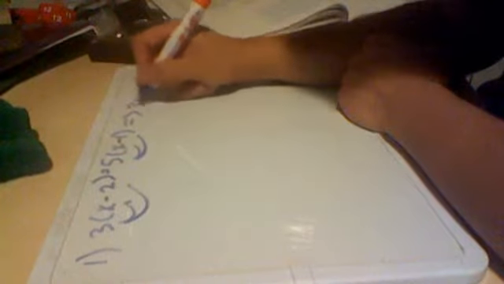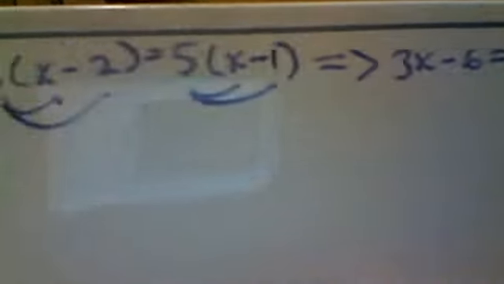Doing that, we find that 3x minus 6 equals 5x minus 5.